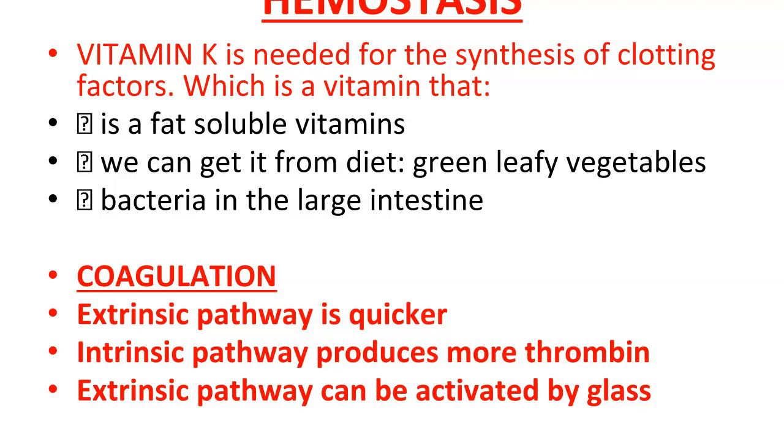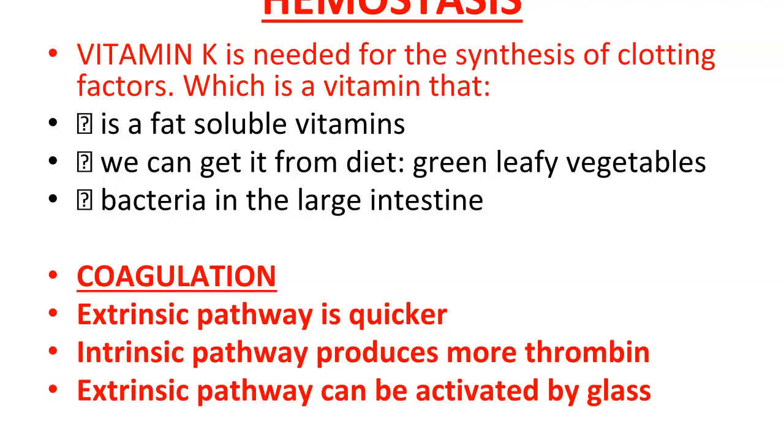Remember that the extrinsic pathway is quicker, but the intrinsic pathway produces more thrombin, which will lead to more fibrin fibers. Notably, also, the extrinsic pathway can be activated by glass. And you're going to say, who cares? Why do we care about the extrinsic pathway being activated by glass? Well, when you collect blood in a glass test tube, it will clot, because the glass will begin the activation of the extrinsic pathway.